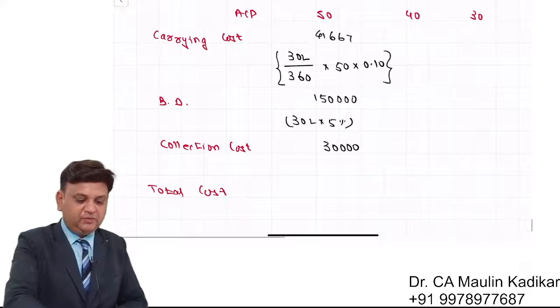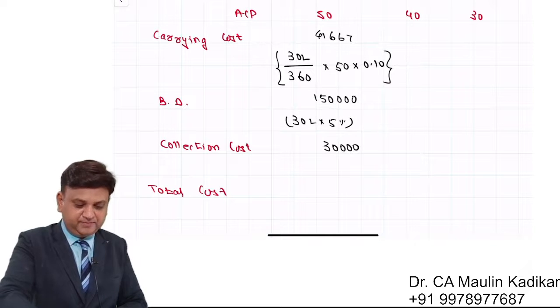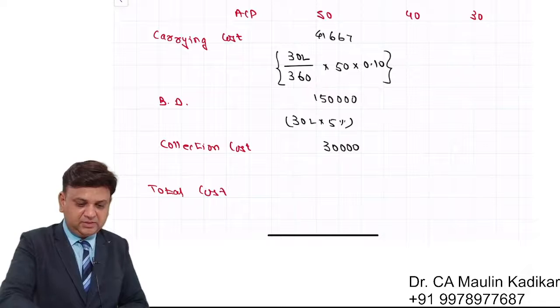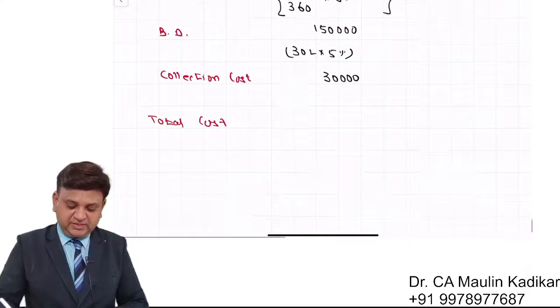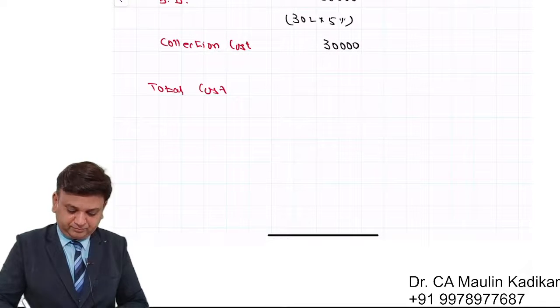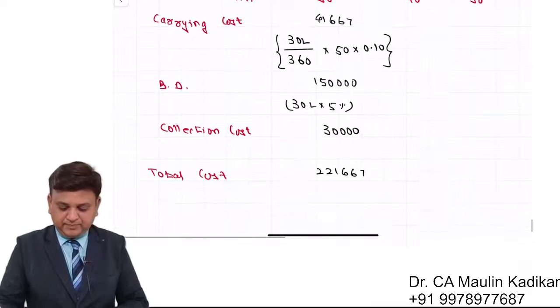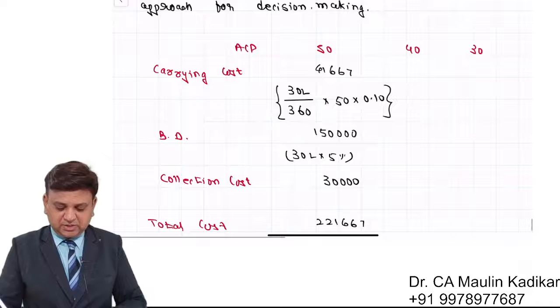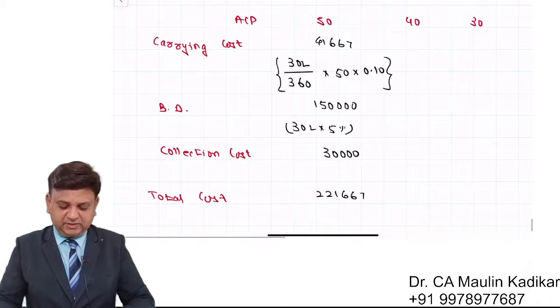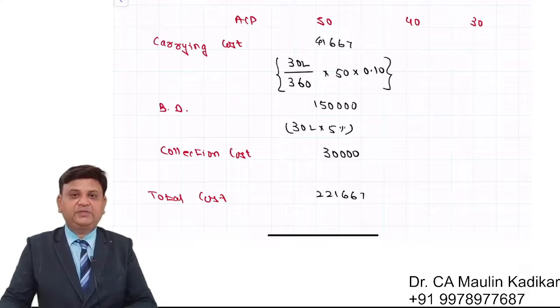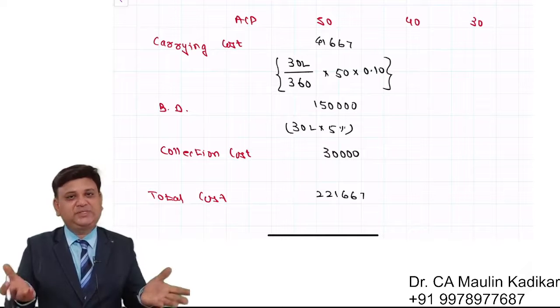Total cost will be 41,667 plus 150 plus 30, which is 2,21,667. Similarly, we will calculate the total cost for 40 days and 30 days. The option which is having the least cost will be selected.